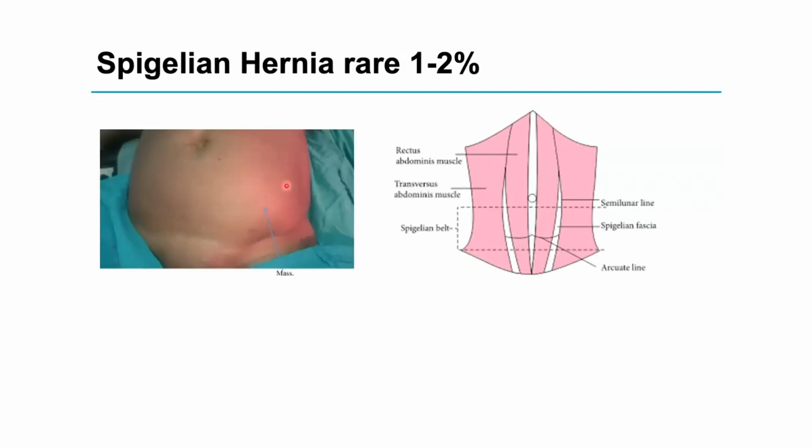Spigelian hernias are rare, as you can see, and will tend to occur in this region here, and can give rise to obstruction and problems, and usually need repair, either open or laparoscopically.